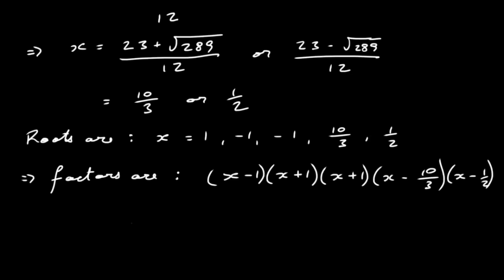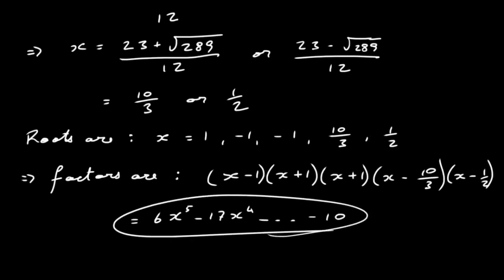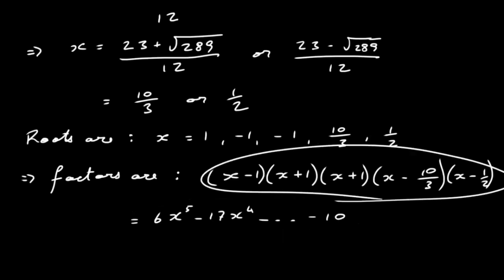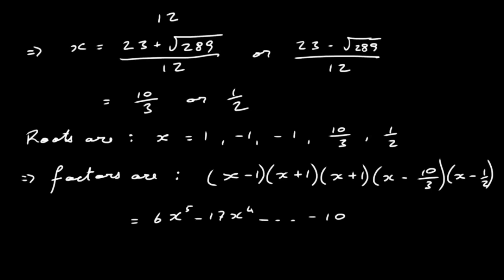If you multiply all of those out, all these 5 brackets out, you will get your original expression 6x to the power of 5 minus 17x to the power of 4, and so on out as far as minus 10. So we've broken this quintic expression down into its 5 factors using the factor theorem. And that's it for this video.